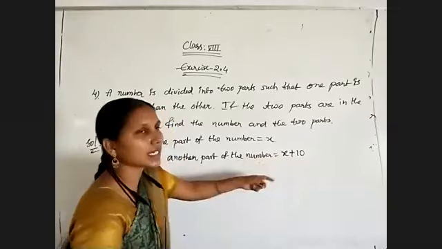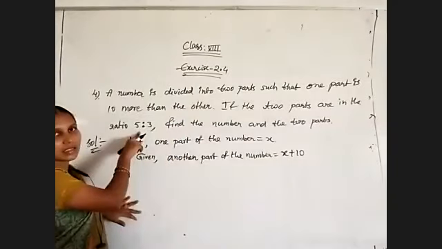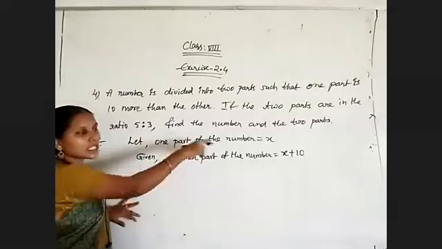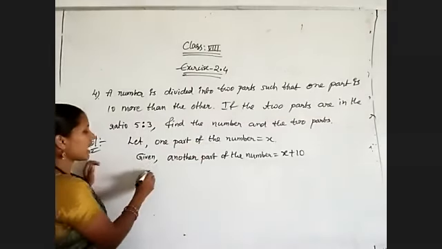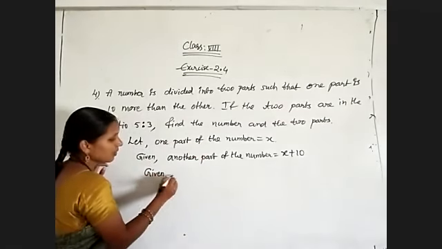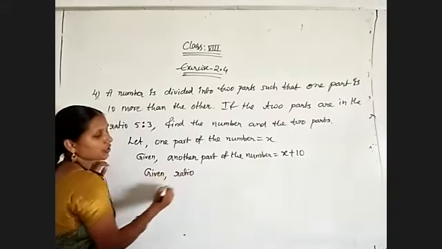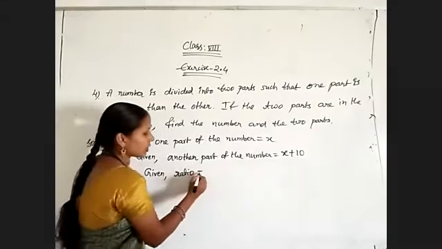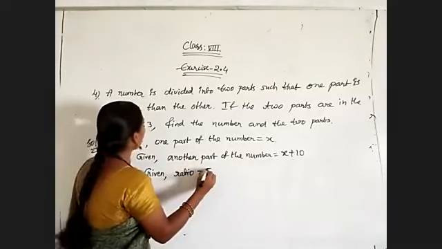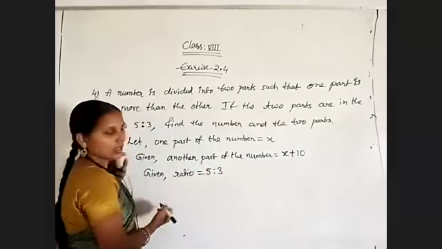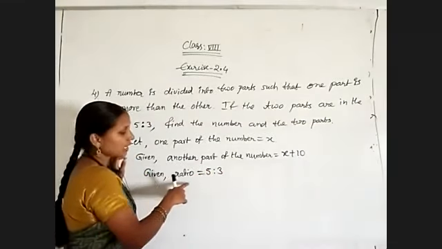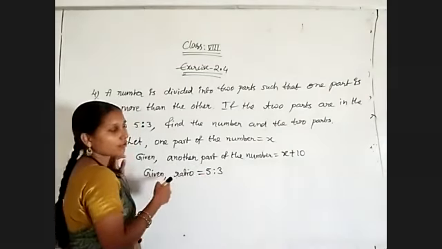So x plus 10 indicates 5 parts and 3 indicates x. That means they have given the ratio of those two parts as 5:3. So how do we have to arrange?